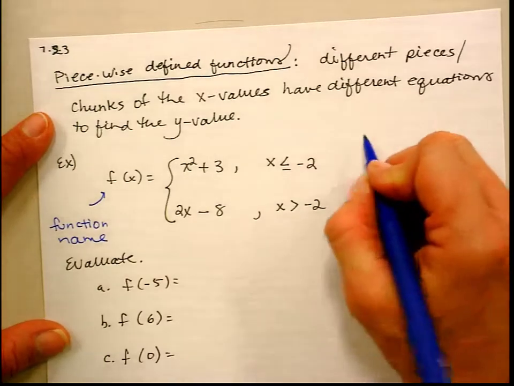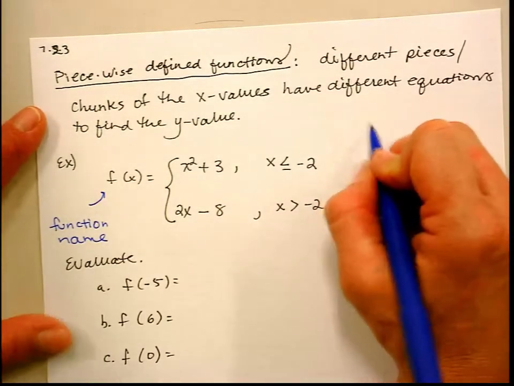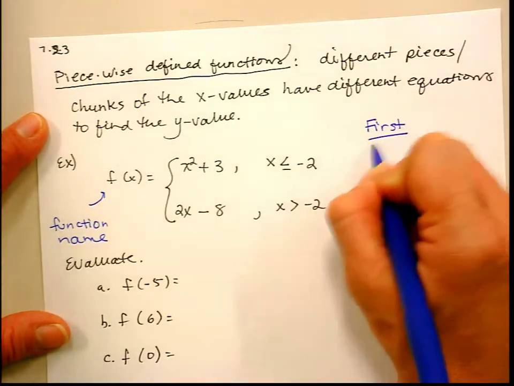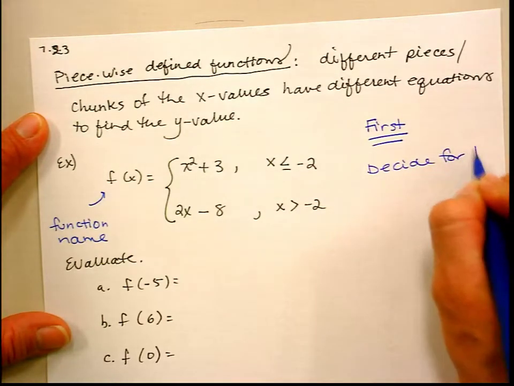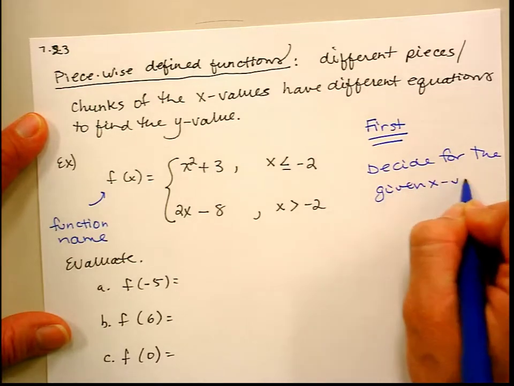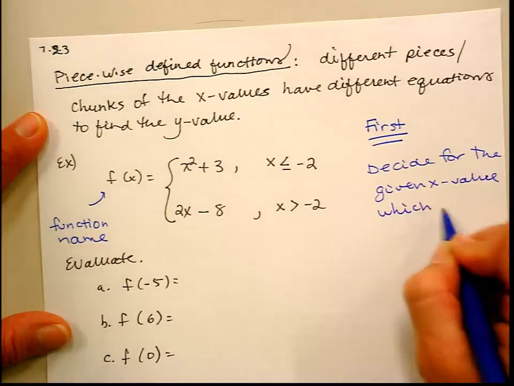So the first thing you need to decide, this is super important, this is where some students run into trouble, is which definition you're going to use for the given x value.